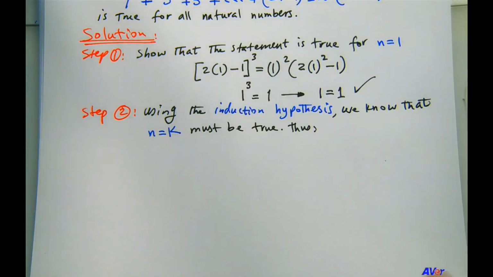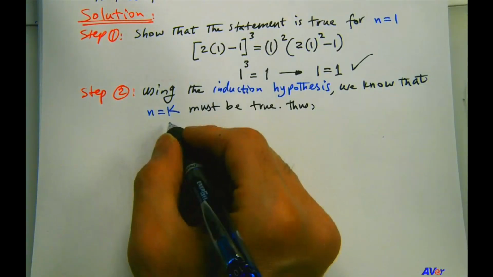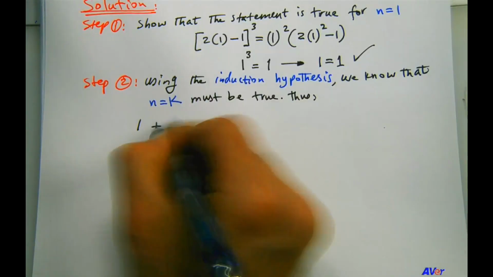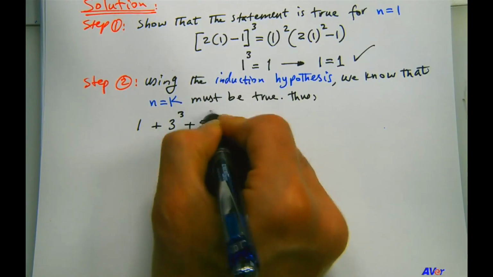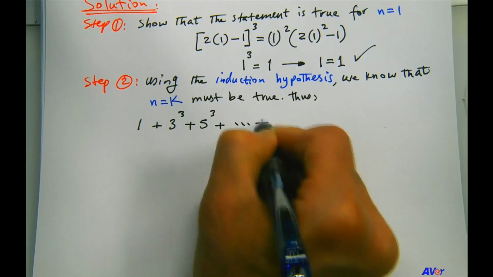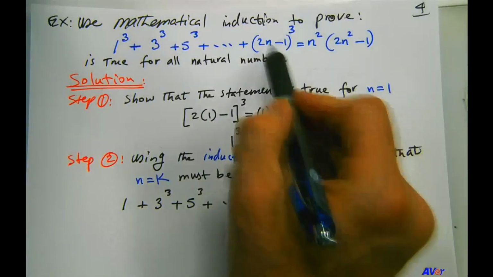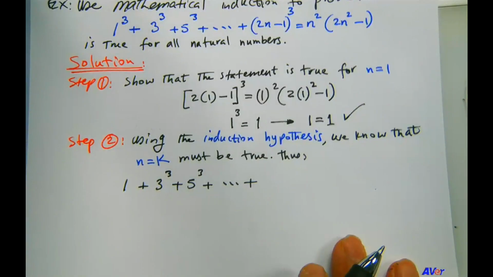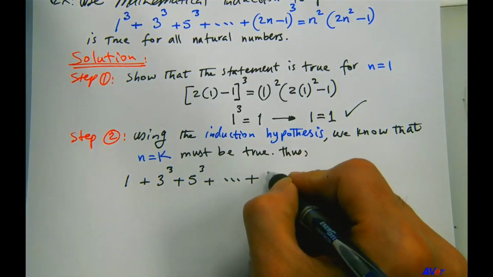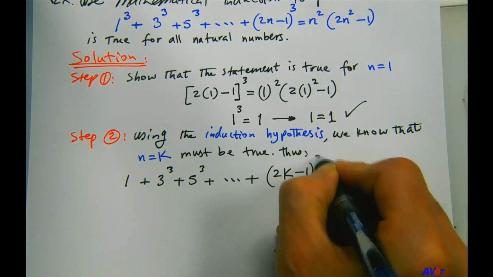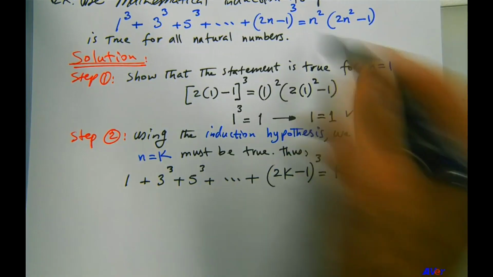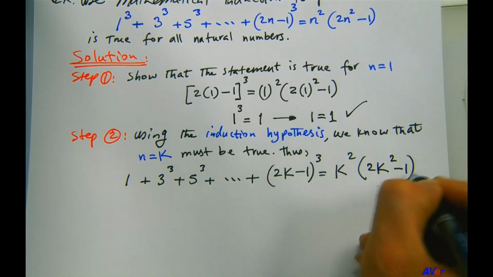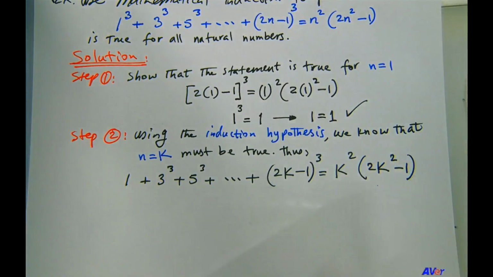Thus, this statement then is true. So 1 cubed plus 3 cubed plus 5 cubed plus this plus, instead of n, I'm going to replace this n with k, plus 2k minus 1 cubed equals k squared. Notice I'm replacing the n with k, times 2k squared minus 1. Okay, we assume that that is true.